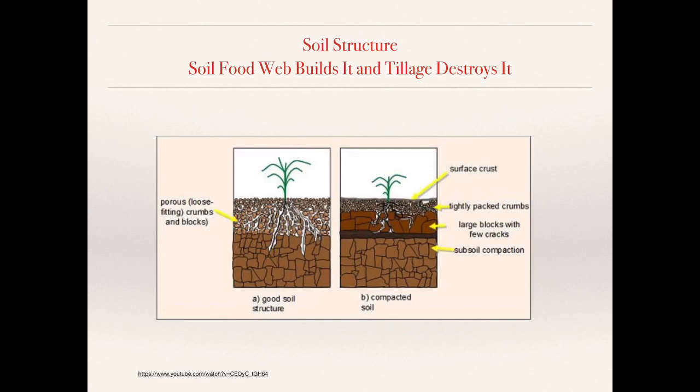The other thing that is happening when you till is the sheer force of those tines. The bottom boundary of what they reach in the soil, as they're hitting that bottom boundary, they're smacking it very hard.